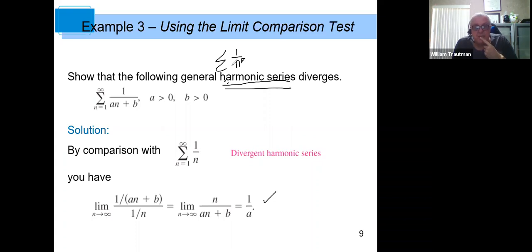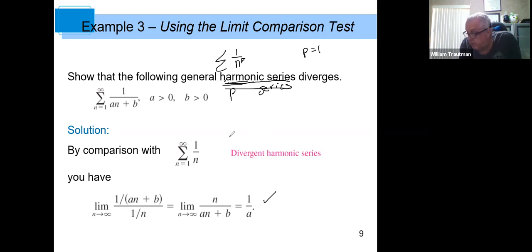Instead of just outright saying a P-series, they call it a harmonic series. By the way, it's also a P-series. It's the same thing, but there's a special reason why it's called harmonic. Did anybody read that in the book? It's because p equals 1. Anytime p equals 1, they call it harmonic. It's still a P-series, but it's harmonic.